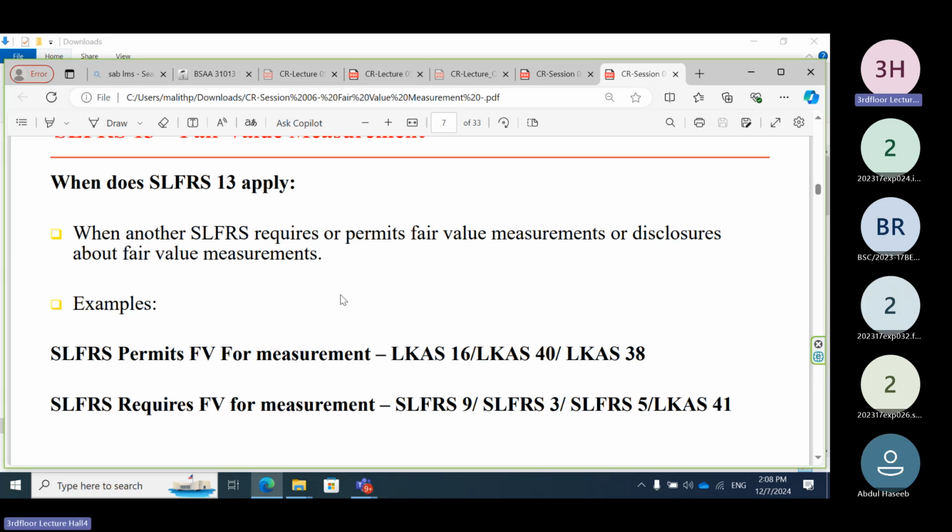If you are keeping an asset for some period and then planning to trade, again fair value. Amortized cost, fair value.